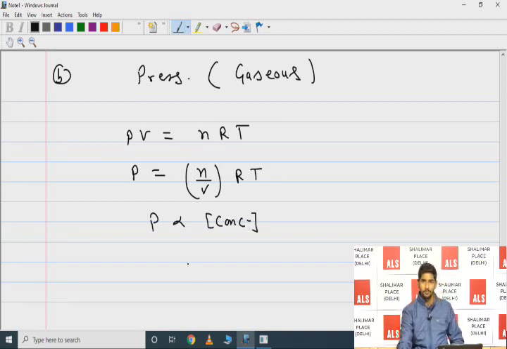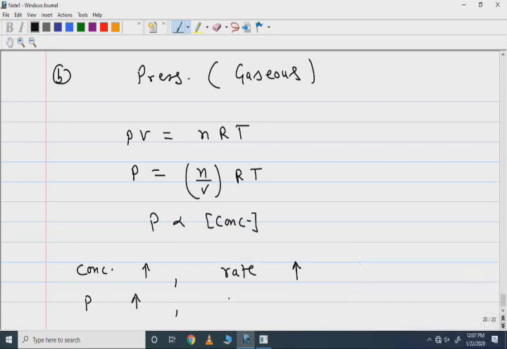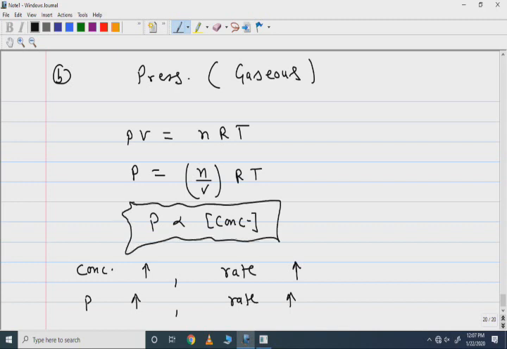Same effect will be observed. Okay. See, if concentration is increased, rate will increase. Okay. If pressure is increased, it means again rate will be increased. Please copy.